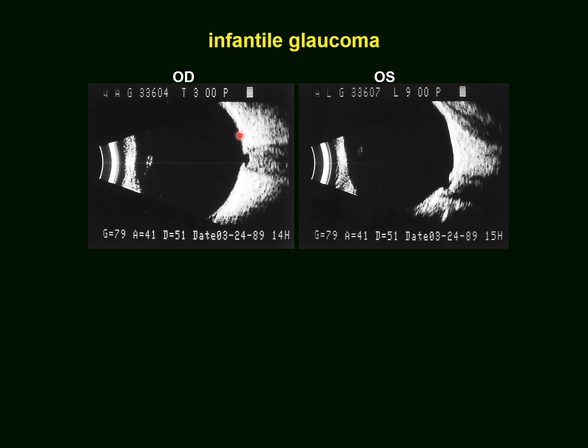For the specific diagnosis, B-scan was enough, showing the large excavation of the optic discs in both eyes, and that there was nothing going on in the posterior segment otherwise.